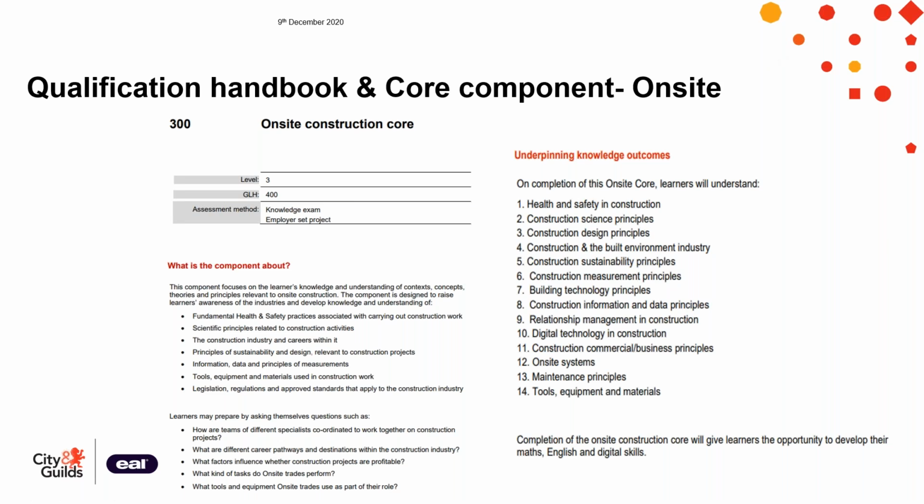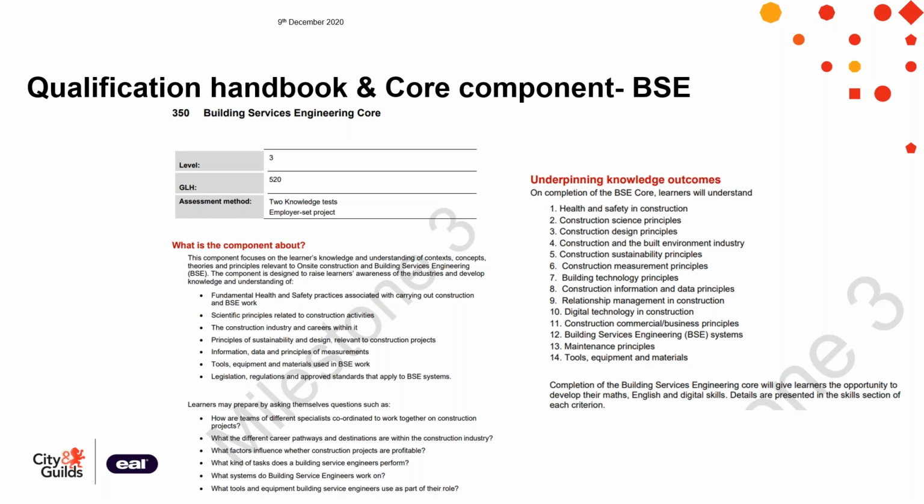Thanks, Jason. We're now looking at an extract from the qualification handbook and core component for building services engineering. As you can see, the level remains the same at level 3, but the guided learning hours is now larger than on site at 520, which includes construction and building services engineering knowledge outcomes.